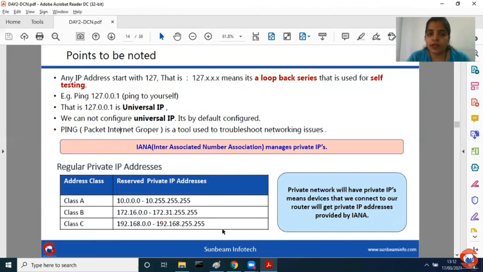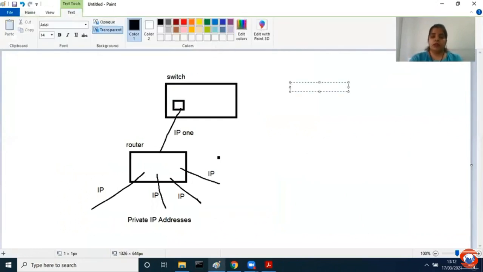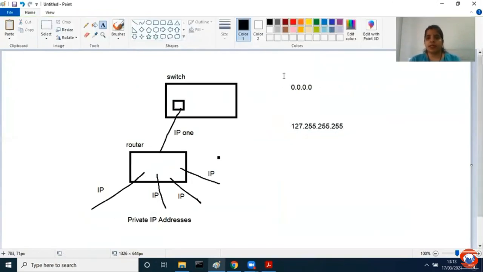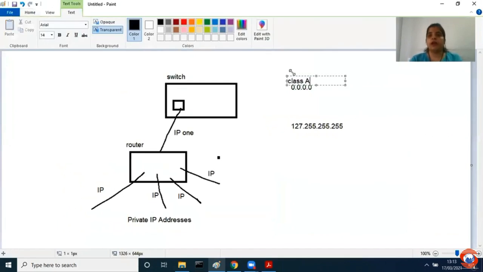So there is one organization, the Internet Assigned Numbers Authority, called IANA, which manages private IP addresses. Right? Now, can I say any IP address which starts from 0 to 127? तो ये कौन से class का range हुआ है? Class A. Very good.